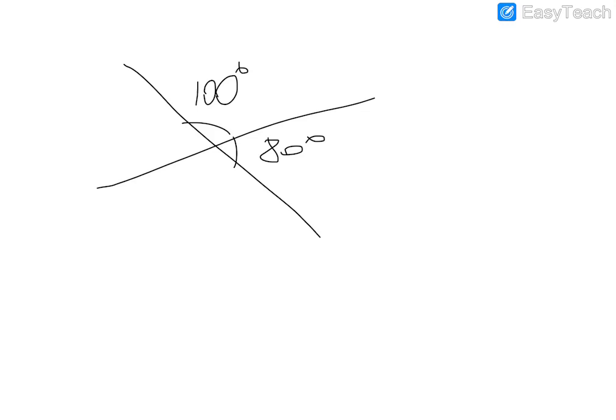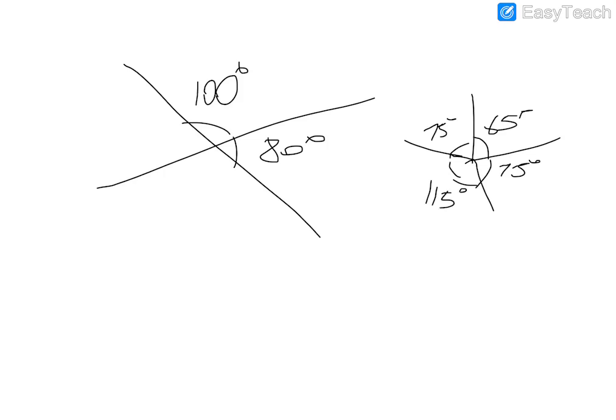Since these are opposite angles, it wouldn't really apply, but if you had something like this, and this is 75, this is 65 degrees, this is, let's say, also 75 degrees, that means this angle must be 115 degrees. Simple, but yeah.